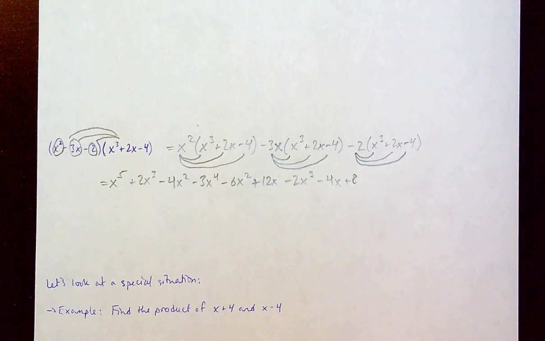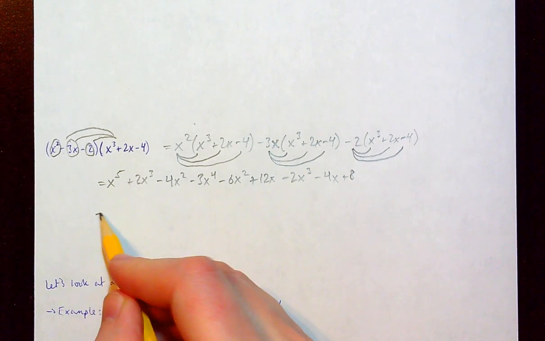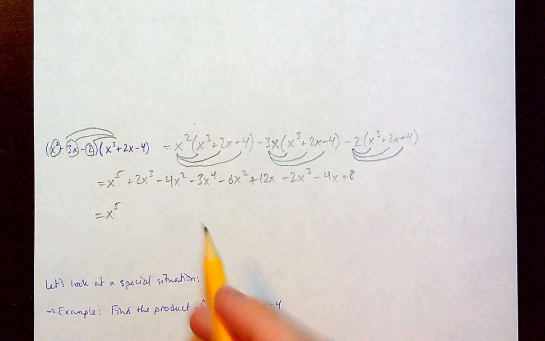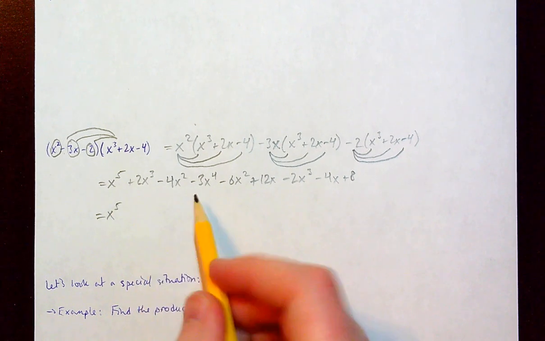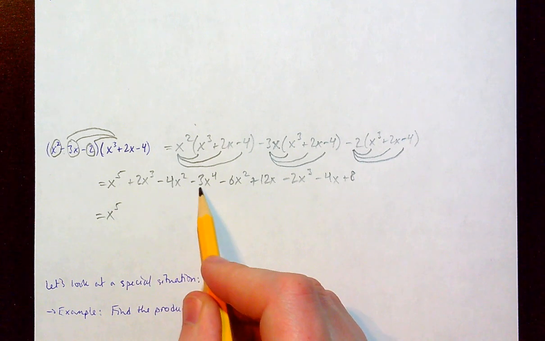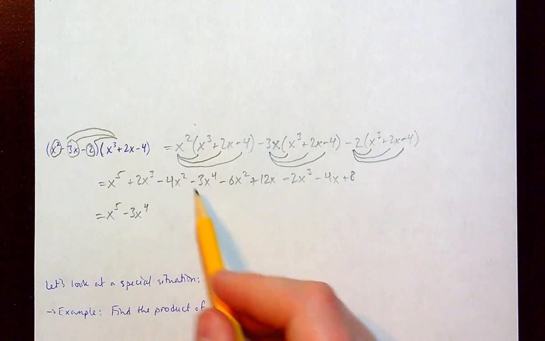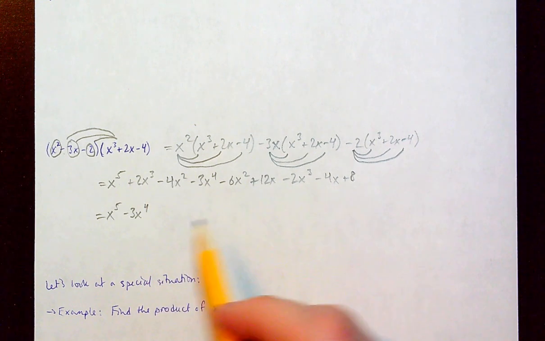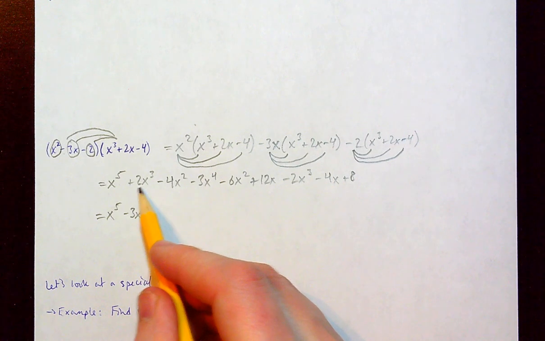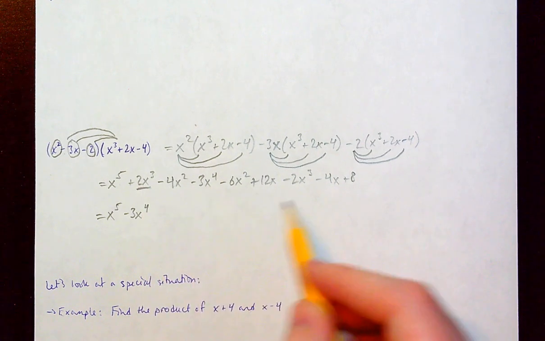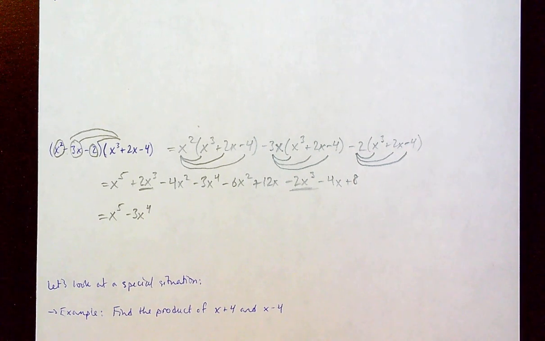So now we have a lot of terms that we have to simplify here. I have the x to the fifth. There's no other x to the power of 5 in here. I see I have a minus 3x to the fourth. No other x raised to the fourth power here. Let's look at the x to the thirds. I have a plus 2x to the third, and I have a minus 2x to the third.